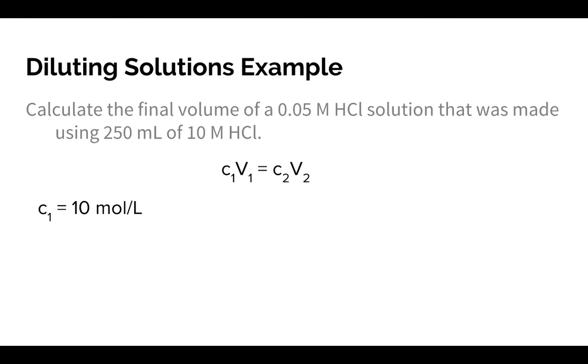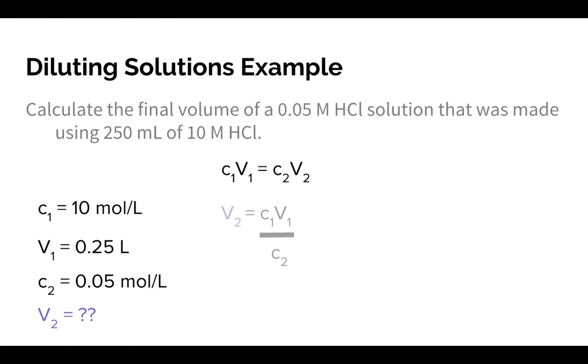The original solution was 10 moles per litre. The volume was 250 mLs, and that was used to make up the diluted solution, so we convert to litres. The concentration of the new solution is 0.05, which is significantly more dilute than a 10 mole per litre solution. So what we're trying to calculate is the volume of the final solution, or V2.